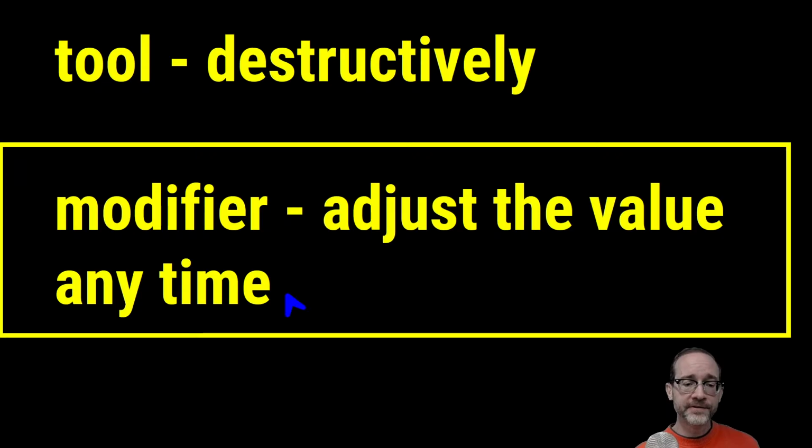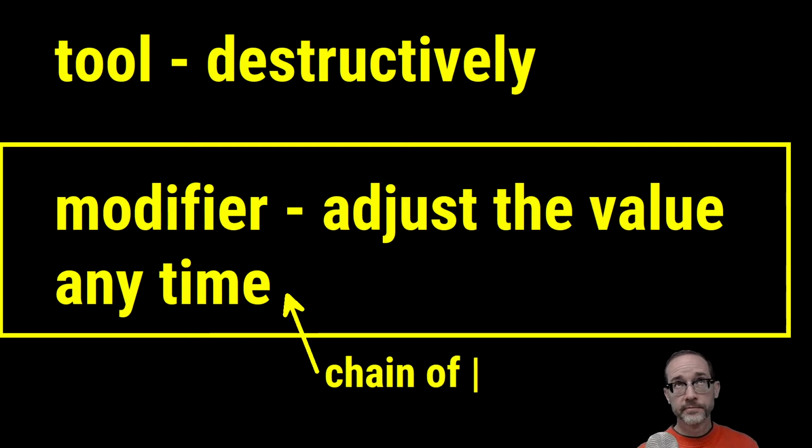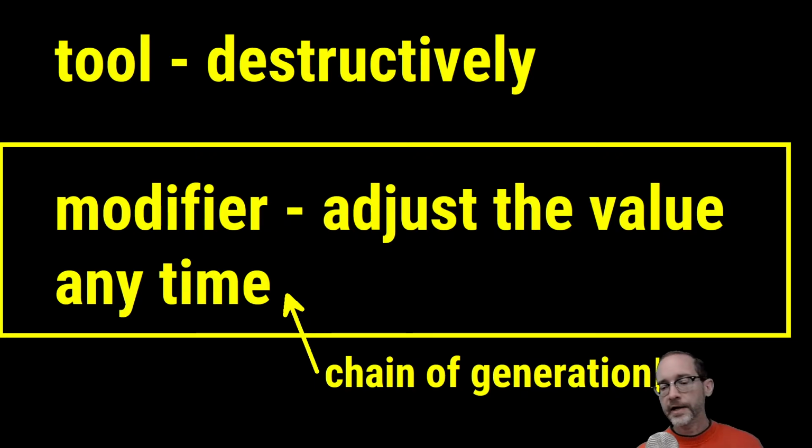It's because this is adjustable, and it creates this chain of, what are we doing here? Chain of manipulation, or let's call it generation, I guess. And you're sort of keeping track of the chain the whole way.